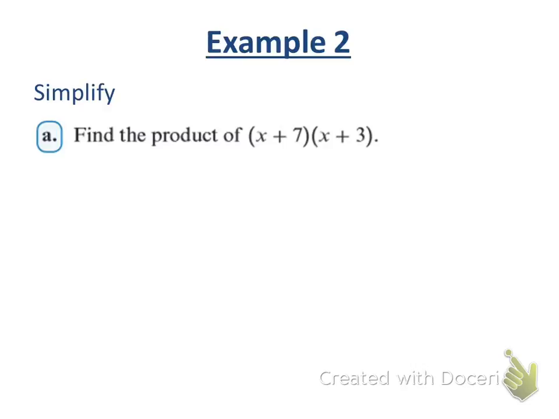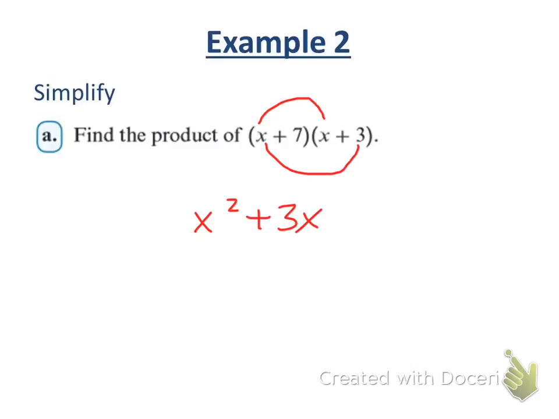In this case, we're distributing two terms to two terms, a binomial times a binomial. So start by distributing the x. What will we get when we distribute the x? That's x squared. X times 3 is 3x.